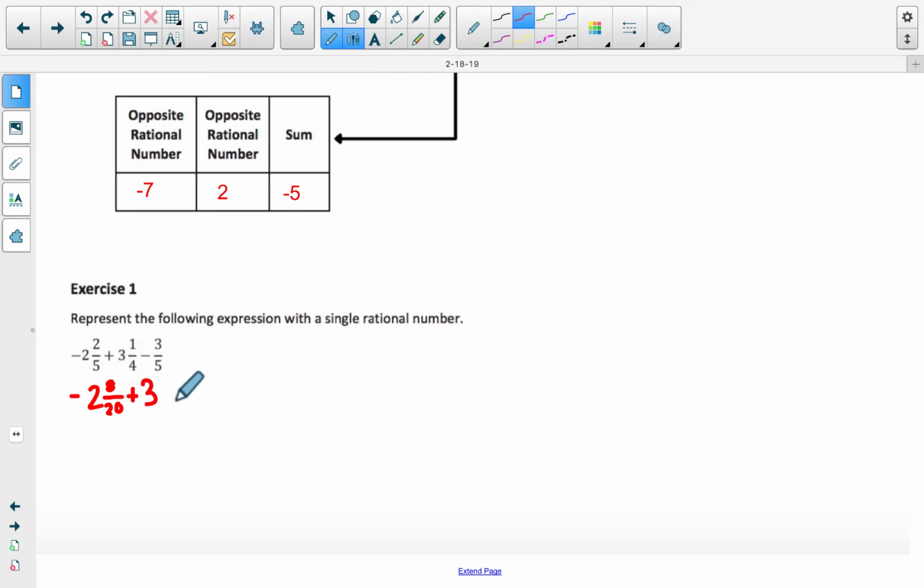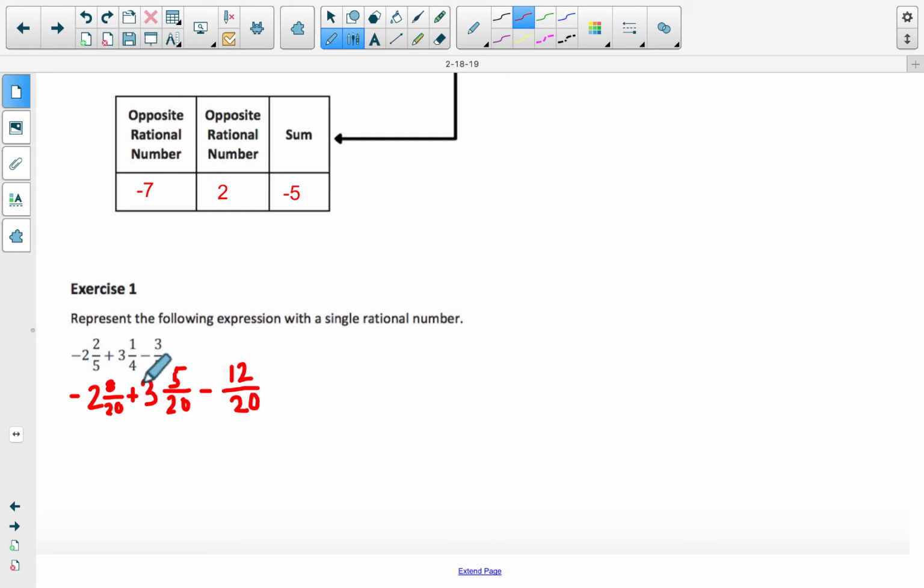To get the 1/4 to have a denominator of 20, you would have to multiply by 5/5. So that is 5/20. And then, once again, to get that 3/5 to have a denominator of 20, you would need to multiply by 4/4. So that gets 12/20. So I've taken the first step to make all of my fractions have common denominators.